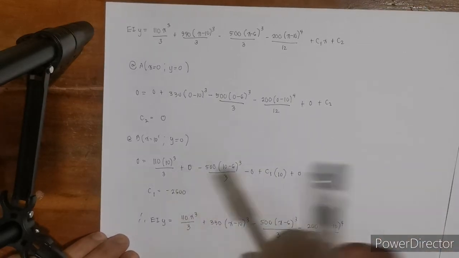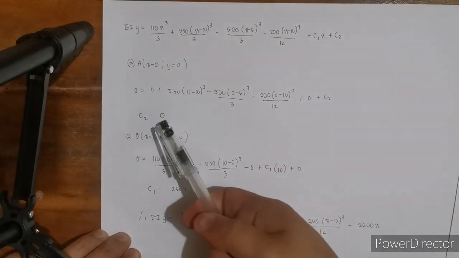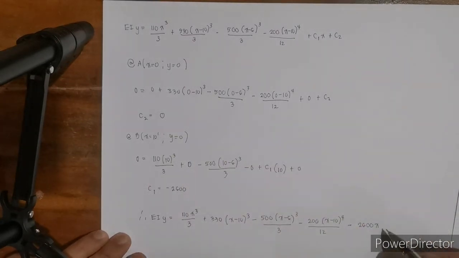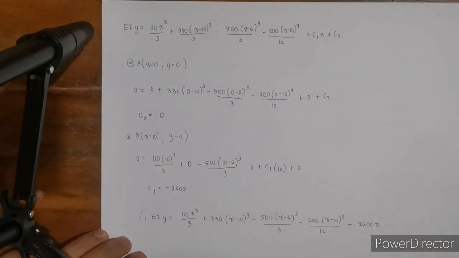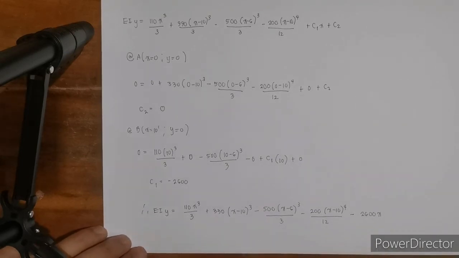Ano ang C1 natin ulit? Negative. So, minus 2,600x plus C2. Ang C2 natin ay 0, so wala na tayong ilalagay. And that will be our deflection equation.